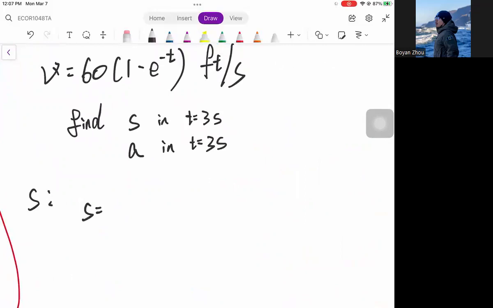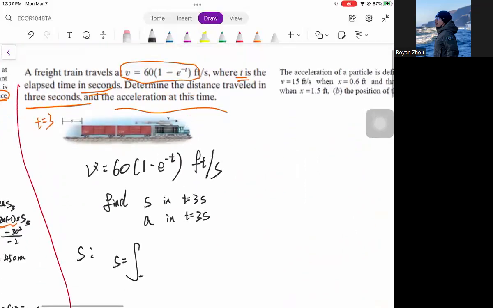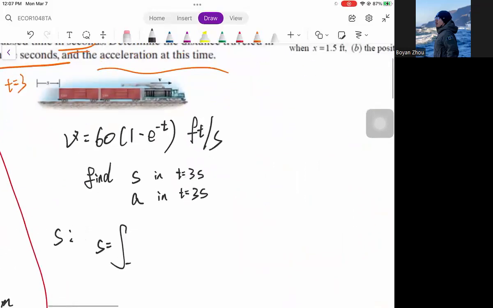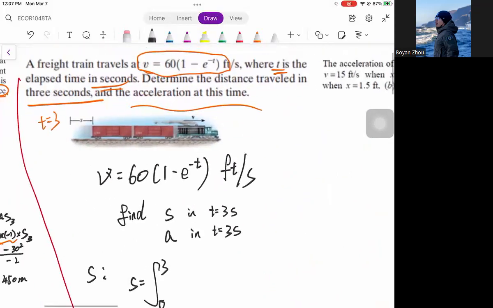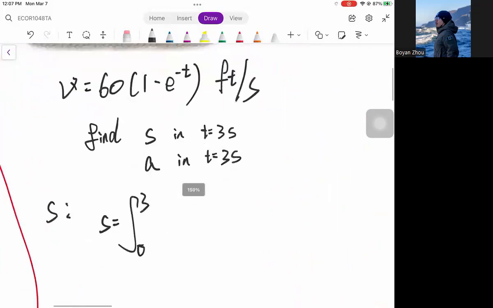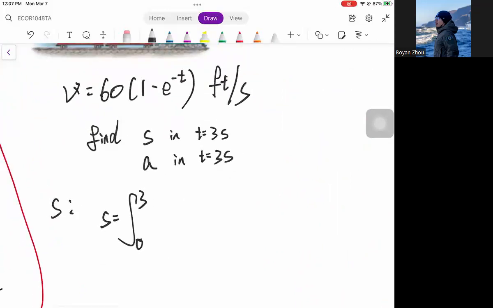So s is equal to the integral from 0 seconds to 3 seconds, because it's actually written here in 3 seconds, of v dt.